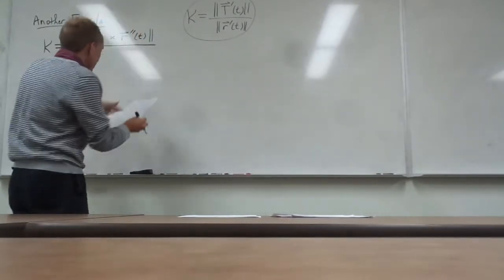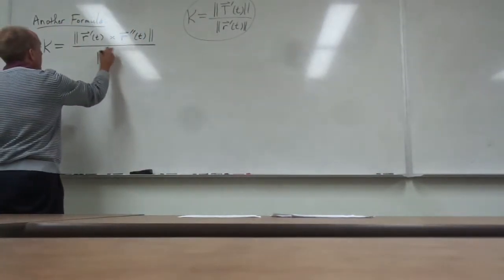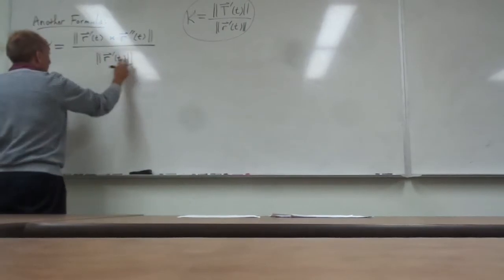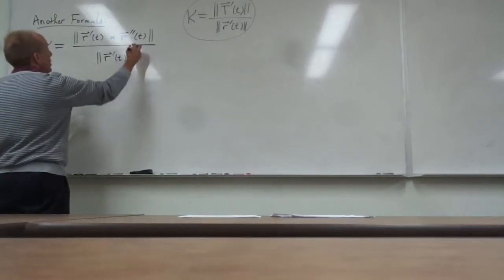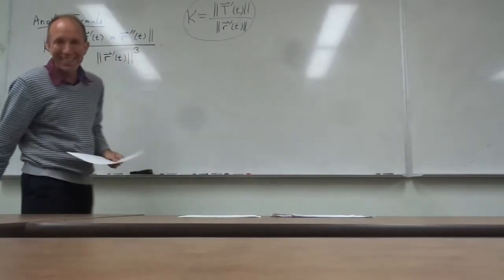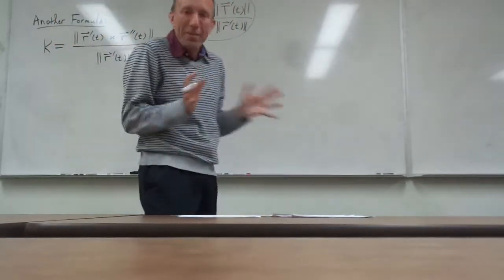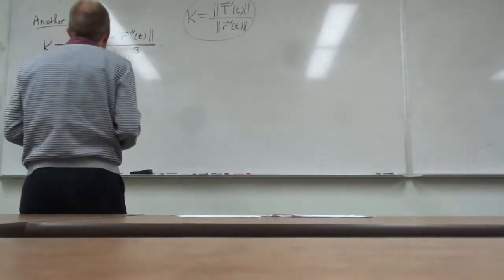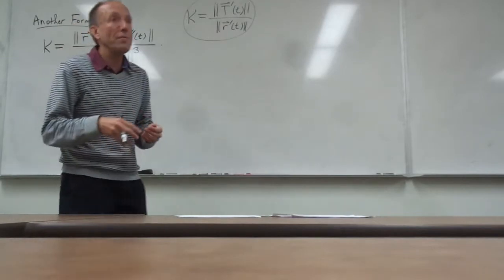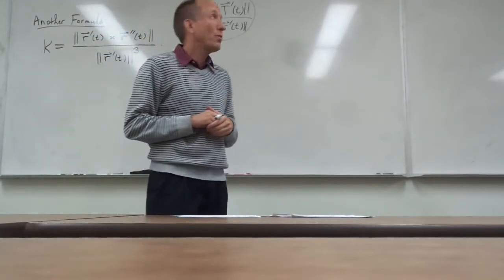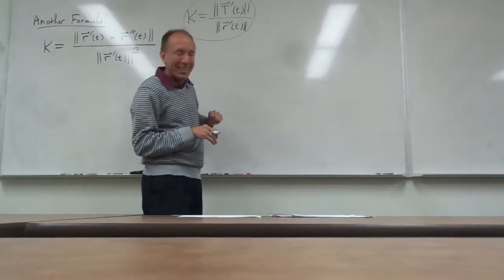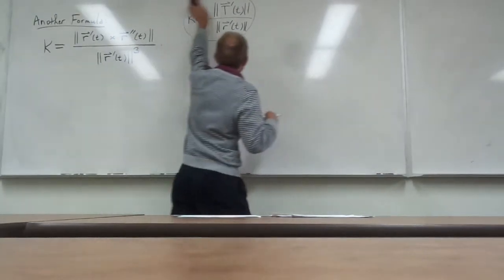You take the norm of that, and then you divide by the velocity, basically the speed, cubed. It is not obvious where the formula is coming from, but as you can see, it makes our life even easier now. We don't have to use the tangent vector like we did in the last example.